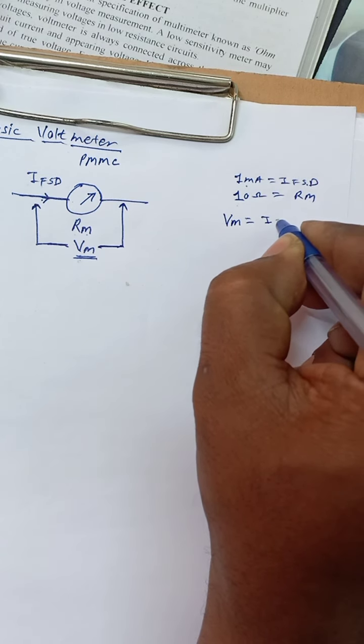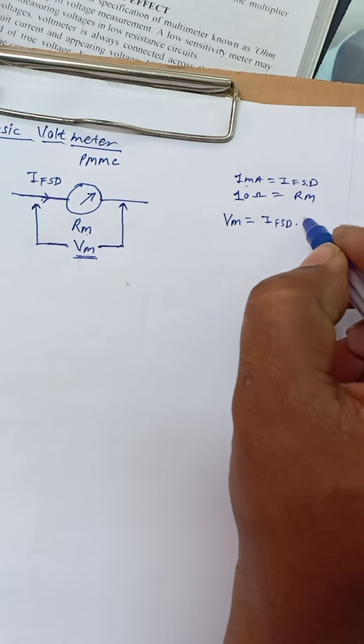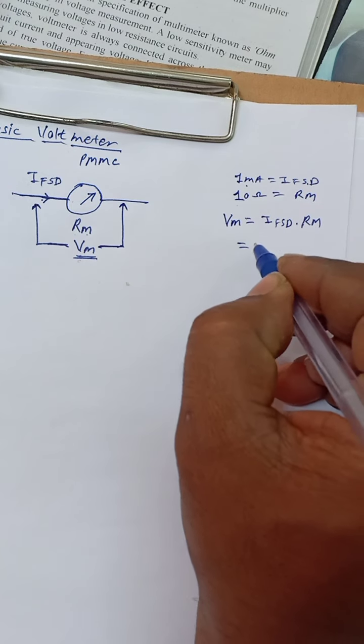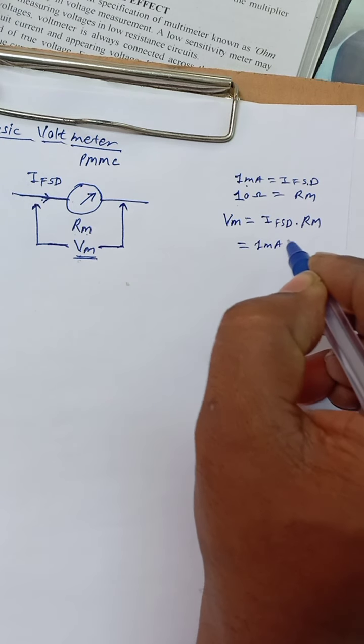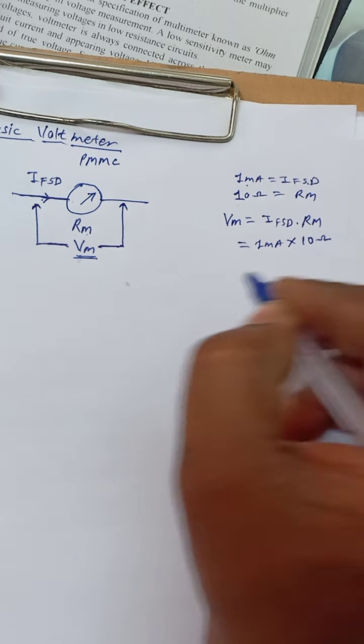So by using Ohm's law, Vm equals IFSD into Rm. So that is equal to 1 milliampere into 10 ohm.